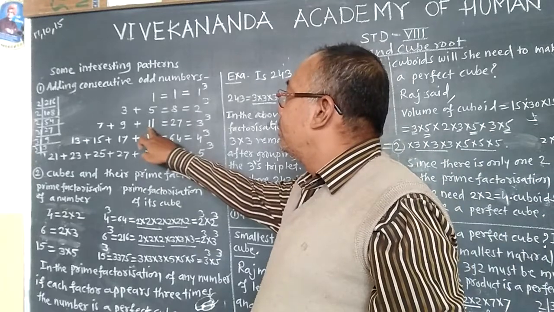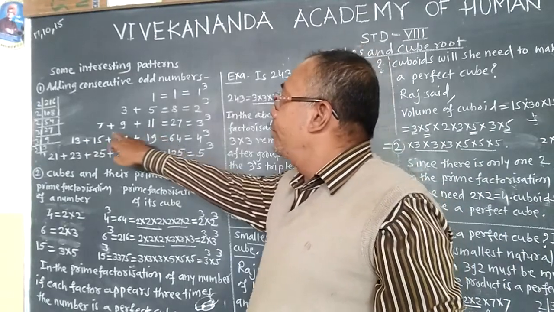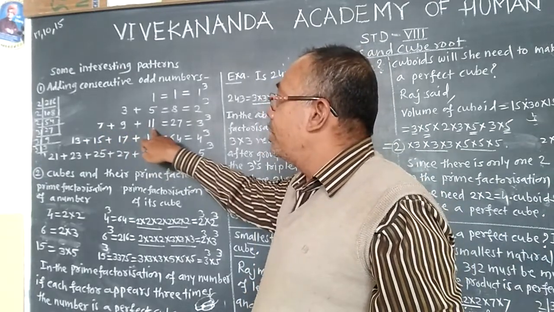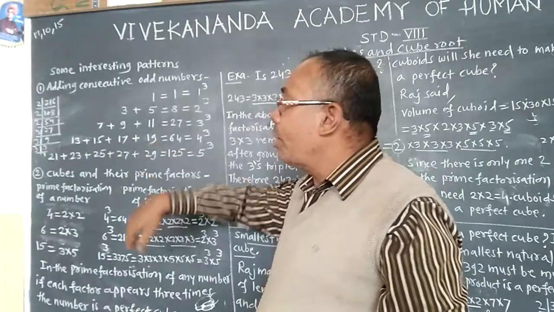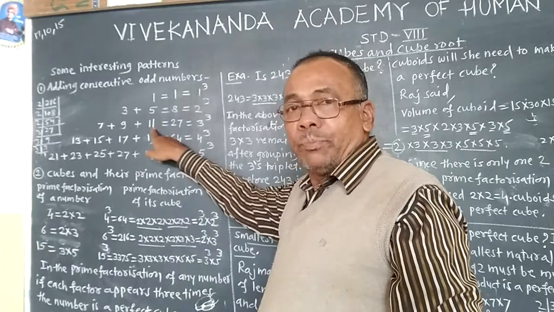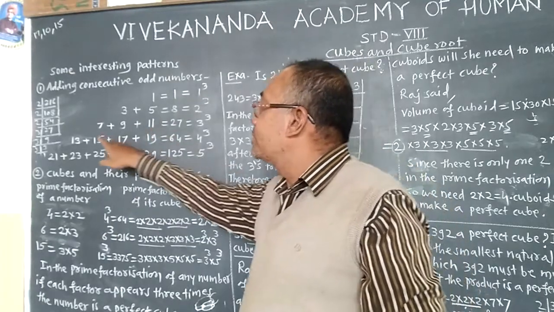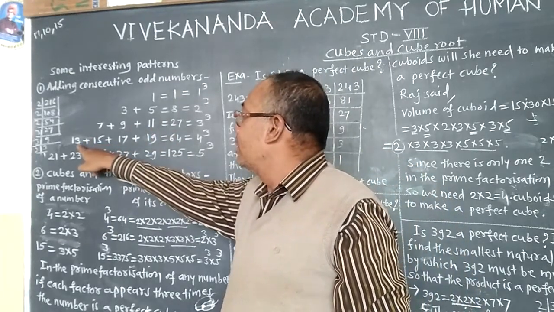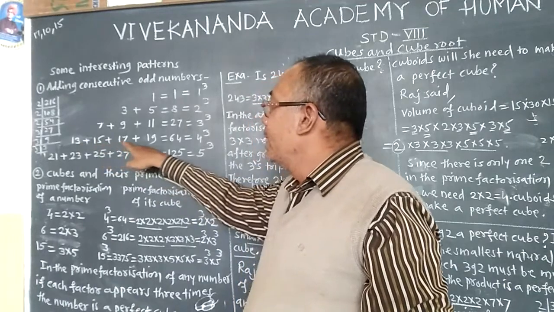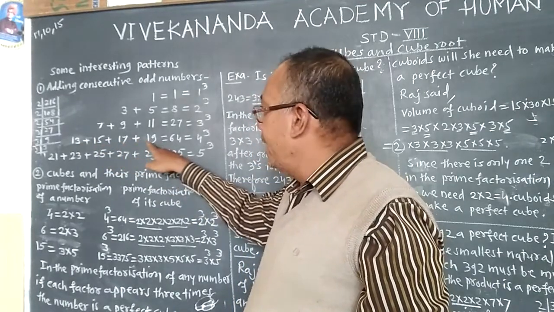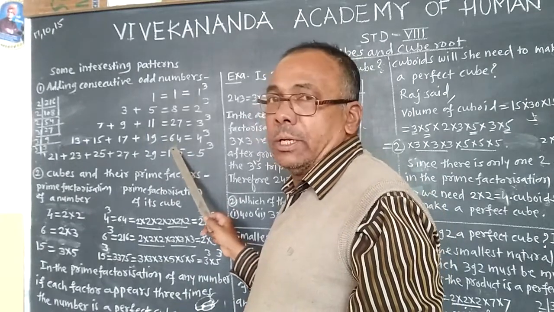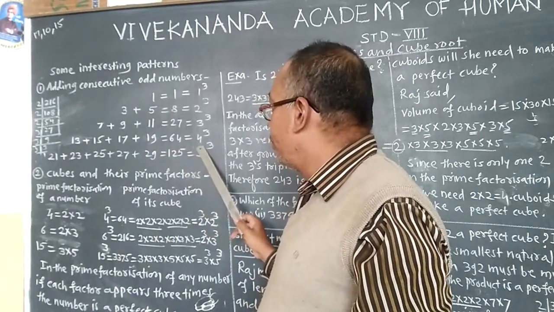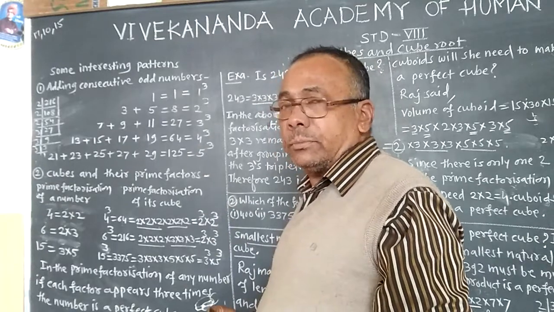In the third step we got 3 odd numbers. Now in the next step we will take 4 odd numbers after 11, that is 13, 15, 17, 19, and the sum of these numbers is 64, and 64 is equal to 4 cube.